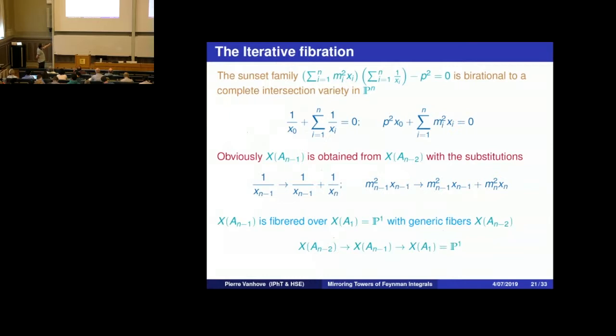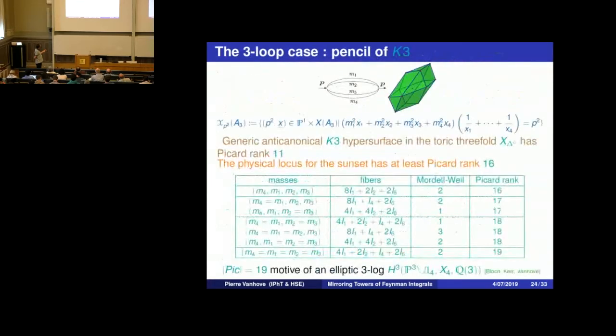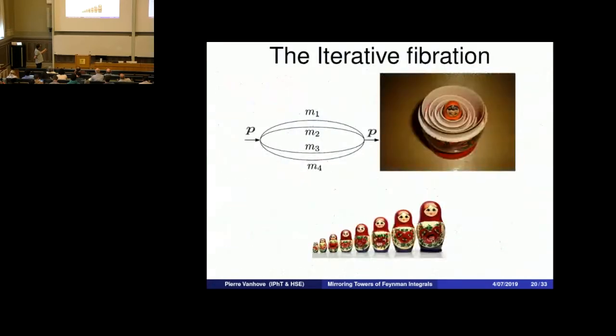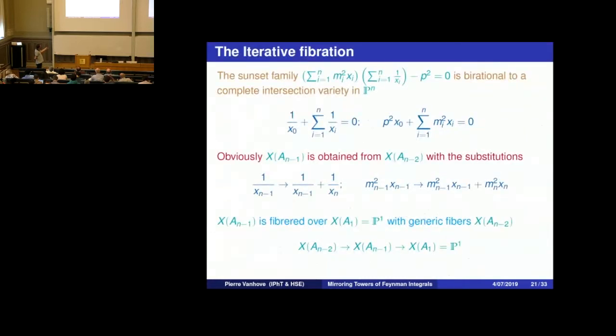Okay, so essentially you just move this guy to the other side, and then you introduce an extra variable, or if you solve for x0, then you get this, right? Okay. So now, once you have done this, this iterative structure is totally obvious because it's just a substitution. Here I relabel what I call this to this. And actually this is giving me the way I will think about my elliptic fibration.